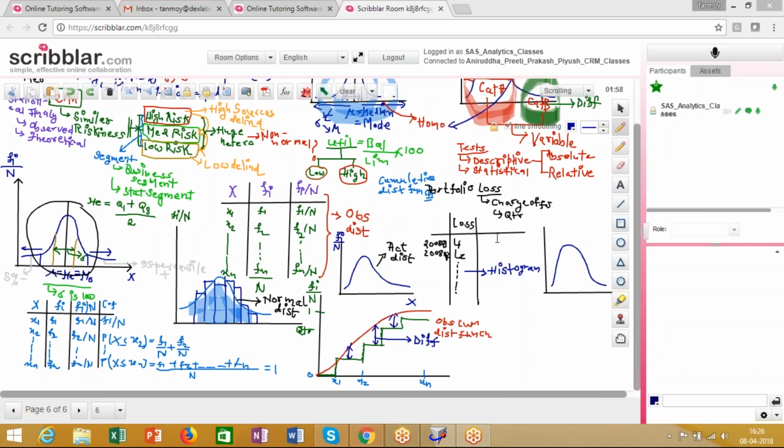So any other questions? To your question, Anirudh, cumulative distribution is taken because whenever we want to compare any distribution, we do not compare the PDF or the exact shape of the distribution.